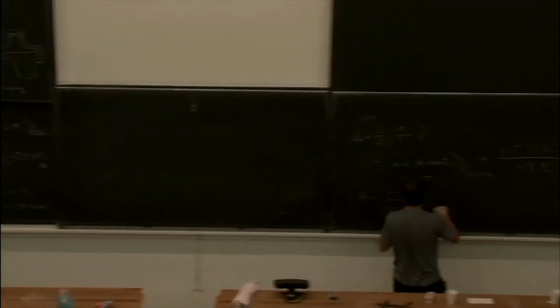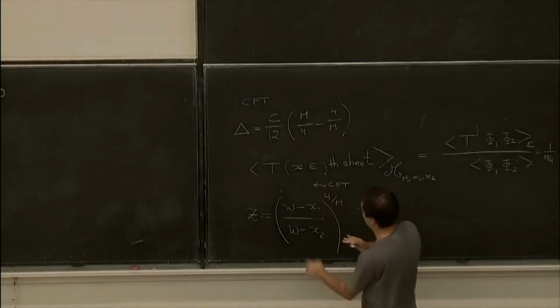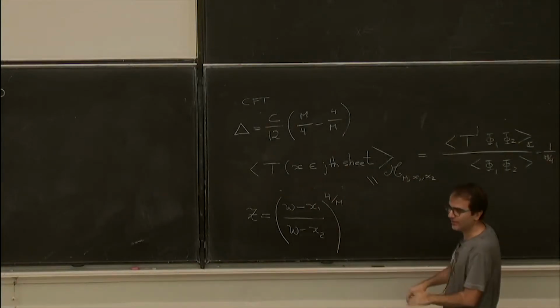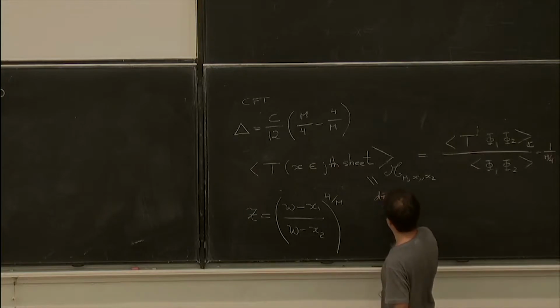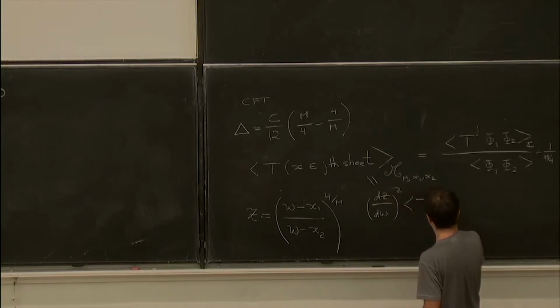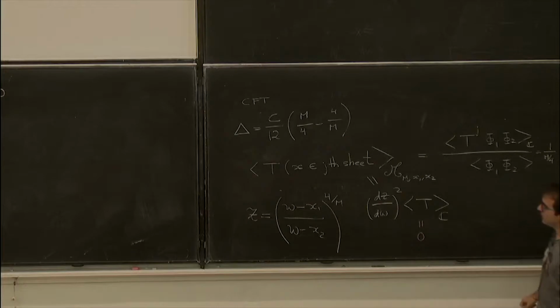And then, sorry, this is not equal to this. This is the transformation we do. This is equal to dz dw squared, just from the change of variables, times the expectation value of T on the sphere. But this is 0 by translation invariance. There's nothing here. We got rid of this.